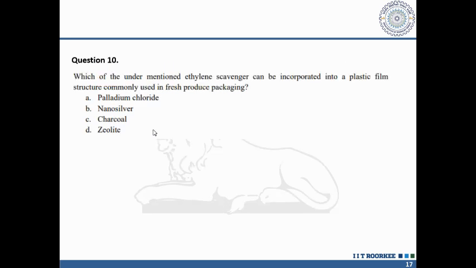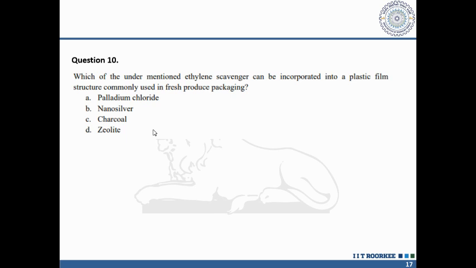Then question 10: which of the under-mentioned ethylene scavengers can be used in plastic film structure commonly used in fresh produce packaging? We have the options palladium chloride, nanosilver, charcoal, zeolite.